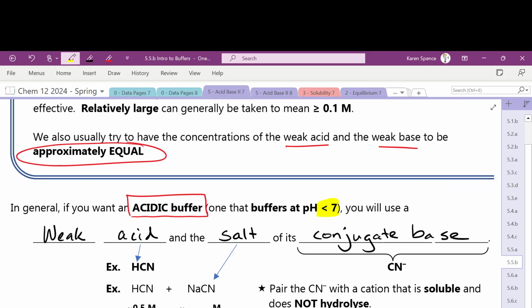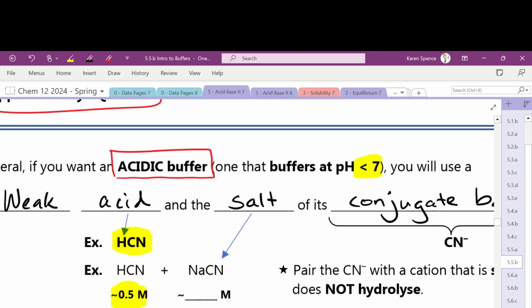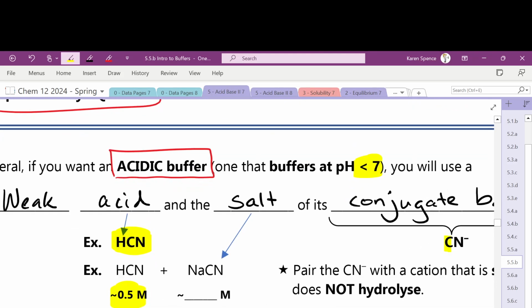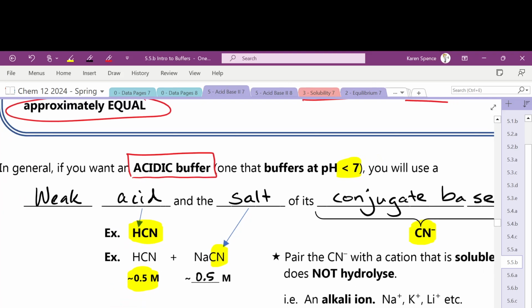So for example, if our weak acid were HCN and we had it at about 0.5 molar, the conjugate base would be CN minus, which we would put in the form of NaCN. And what concentration should we have it at approximately? 0.5 molar, approximately, okay?